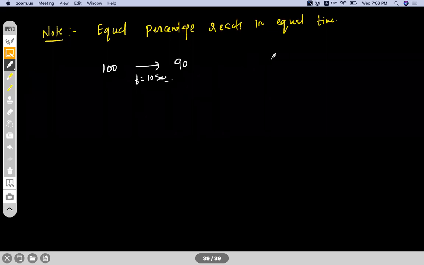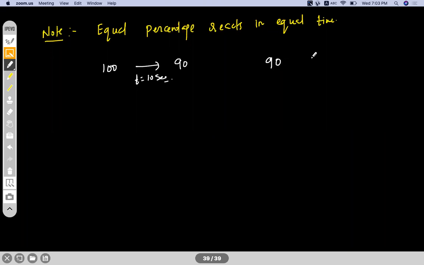So if you start with initial concentration 90, then what is the amount of concentration we have left after 10 seconds? You have this information. 81, right? Equal percentage reacts, 10% reacts here.